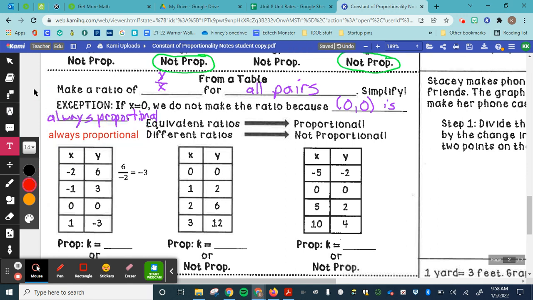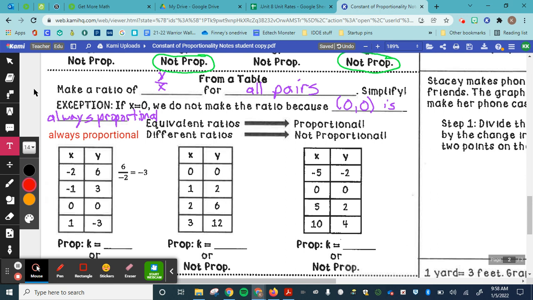There we go. So if it is proportional, it has to go through the point 0, 0. Like if you're, somebody give me a donut cost. How much do you charge for your donuts? I mean your cupcakes, $5.